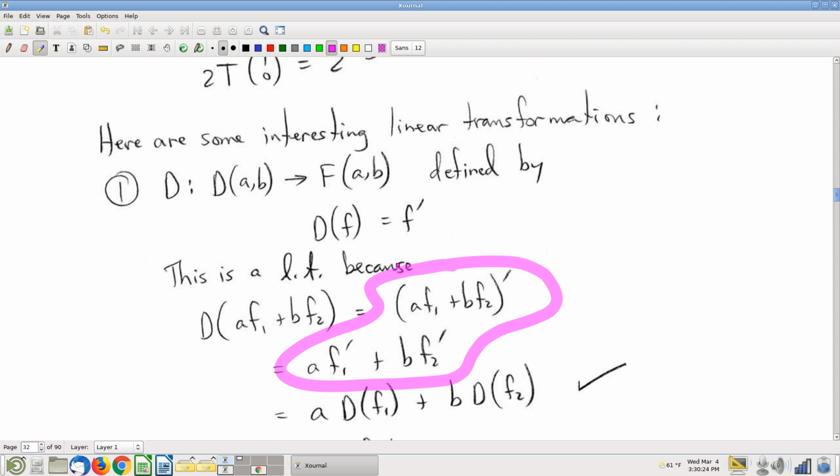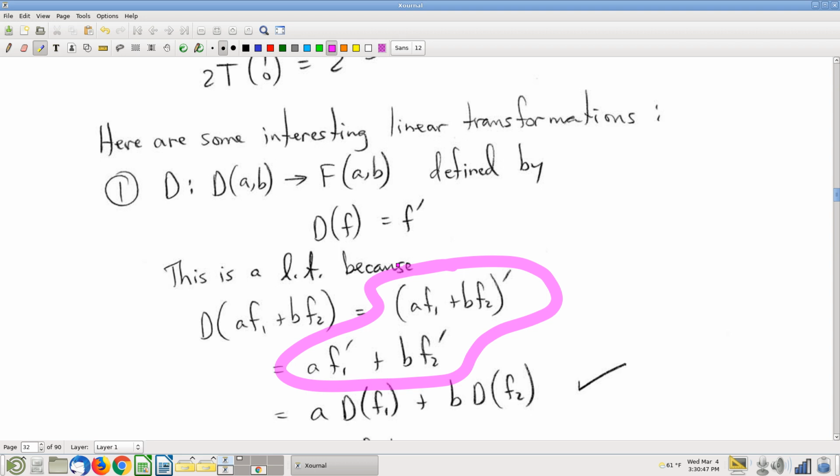to this step. The derivative of a sum is the sum of the individual derivatives, and with inside of those, the derivative of a scalar times a function is that scalar times the derivative of that function. So here I'm just using two steps that are plain old, good old Calc 1 properties. Okay.